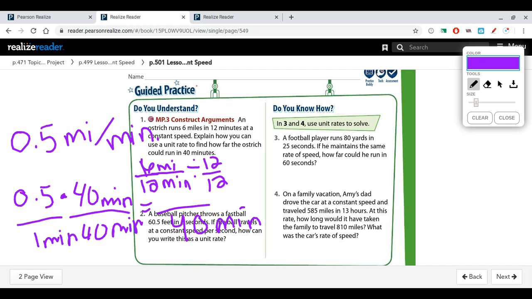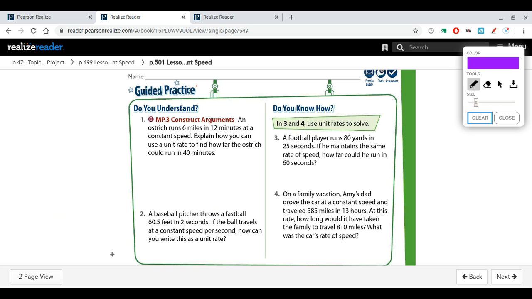And then a half times 40 is going to be 20 miles. So in 40 minutes, the ostrich is going to run 20 miles. And I do that by finding the unit rate, by dividing miles per minute, and then I multiply that unit rate by the number of minutes, and I get 20 miles per 40 minutes.